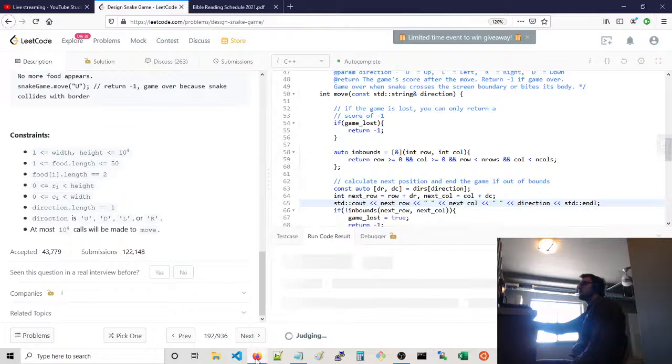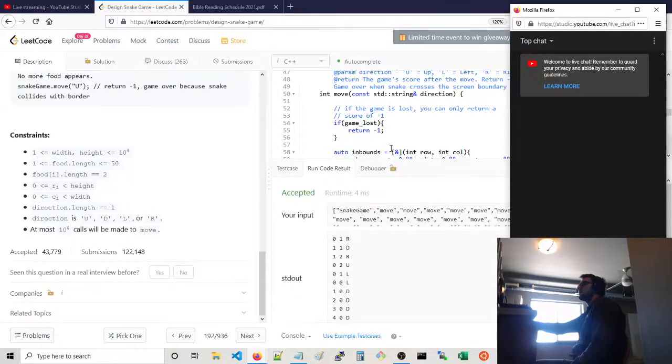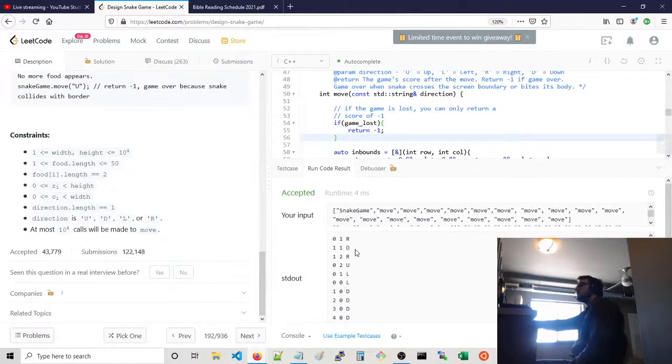All right, what does this look like here? Okay, right, down, right, up, back to 0, 2, left to 0, 1, left to 0, 0, down, down, down, down, down to 4, 0, right to 4, 1.